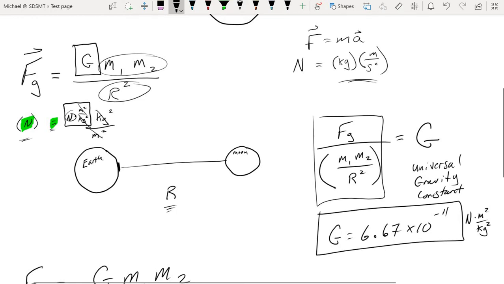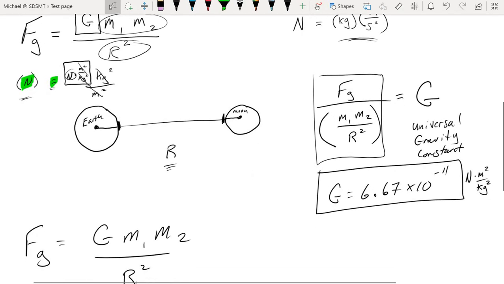Right now it looks like R is the separation distance between the two surfaces, but it actually needs to be measured from the center points of the two masses.